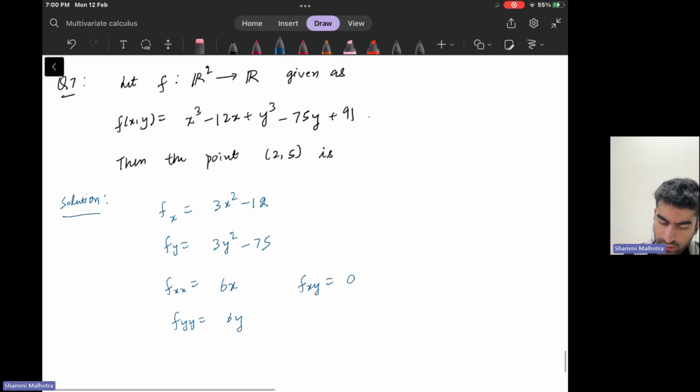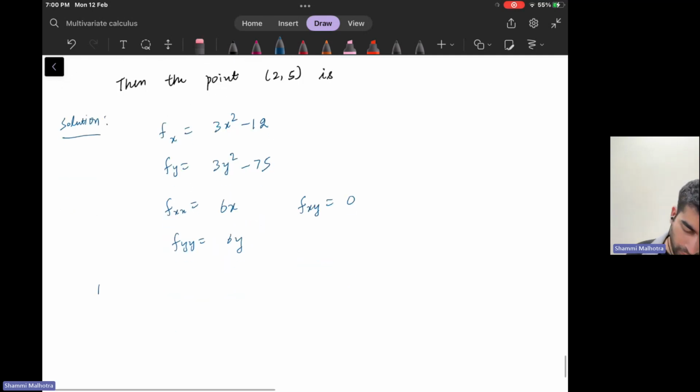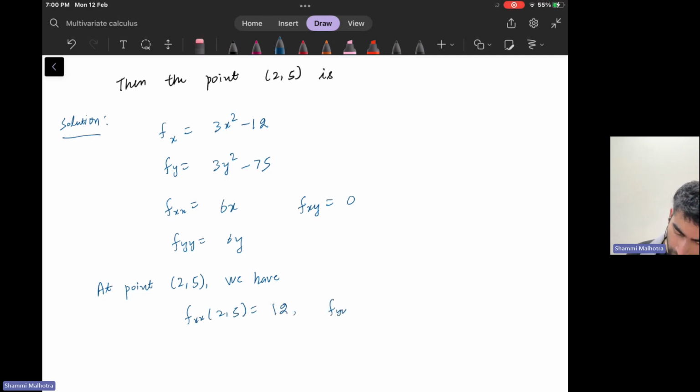And then again, you have to evaluate these values at the point 2, 5. So fxx at 2, 5 is given as 12, fyy given as 30, and fxy at any point is 0 only.